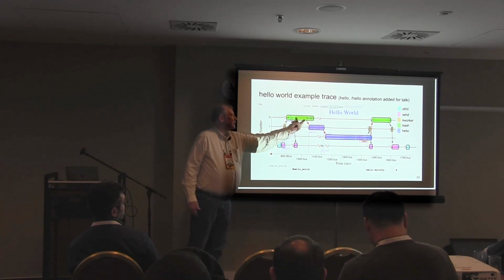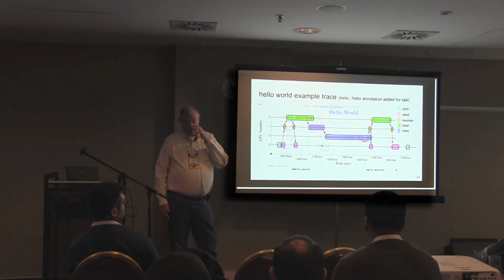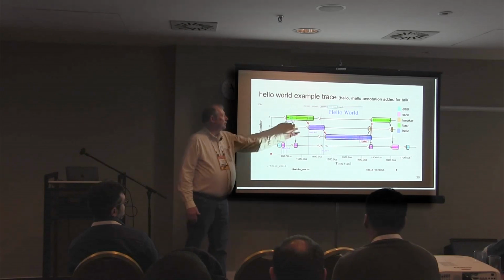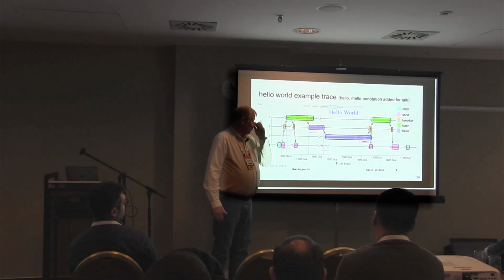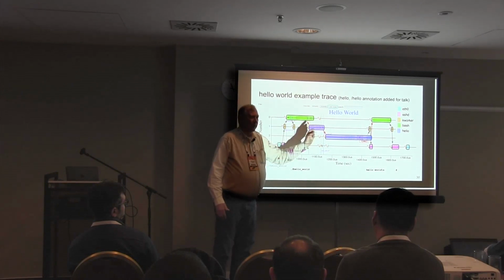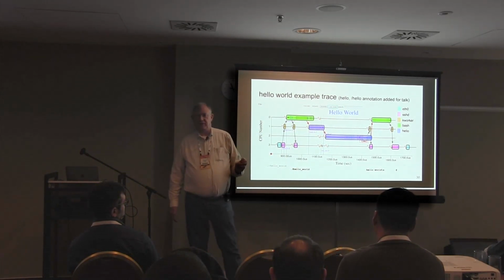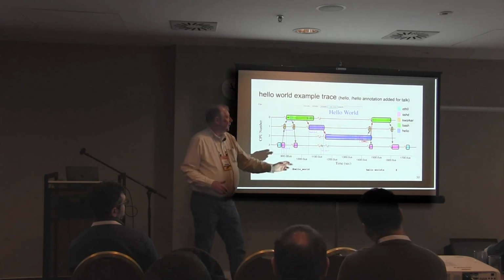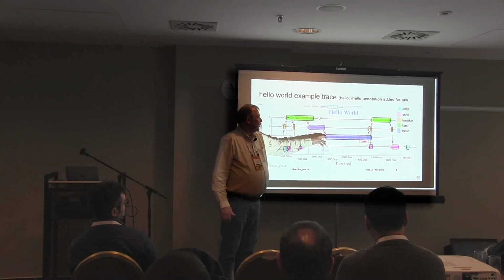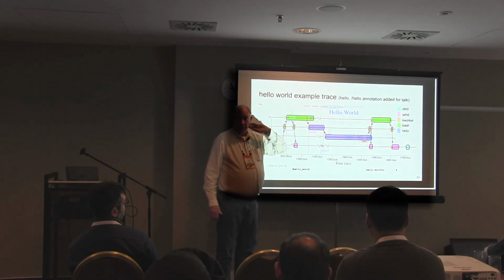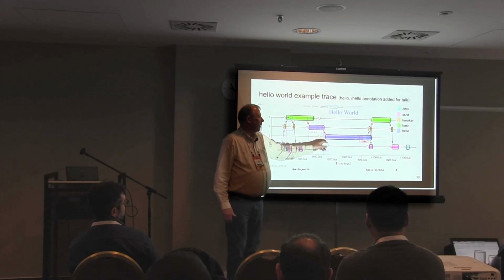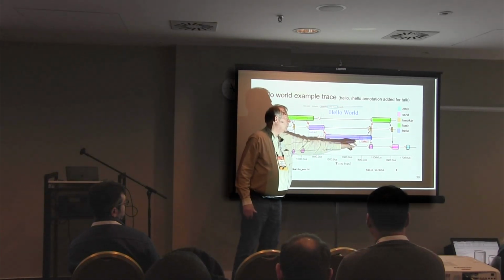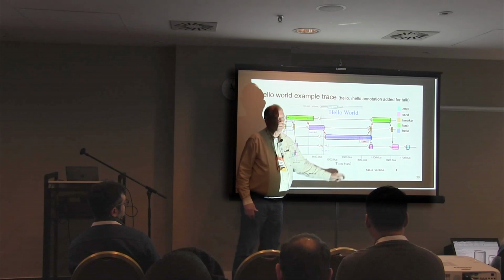Bash then spends, there's 67 microseconds here in the clone system call, creating another copy of bash, which cranks up and gets to the point where it does an execv to transfer to the hello world image. That runs a little bit of migration worker thread, which then moves this whole thing, which is now the hello world program, to another CPU, and eventually way down here we get into the kernel.